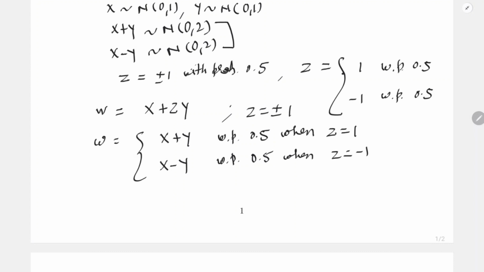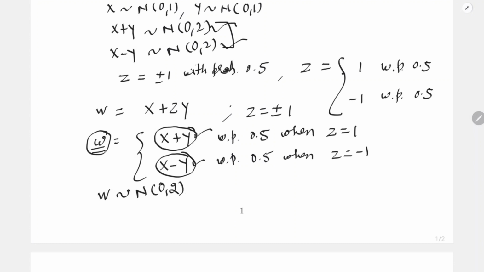But we know X plus Y is normal 0 comma 2, and X minus Y is again normal 0 comma 2. So even if we have a split function here, if both are normal distributions, this random variable will also follow a normal distribution, normal 0 comma 2.